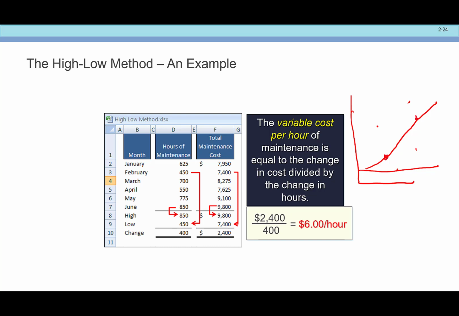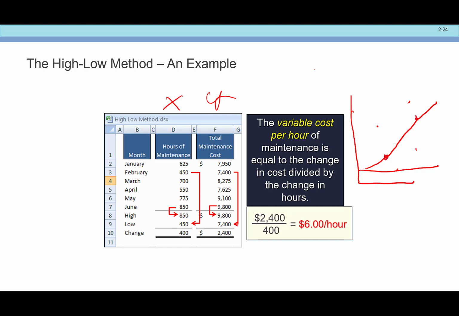We have these various total costs. These are the Y's, aren't they? And then we have these various maintenance hours. These are the X's, aren't they? This is the driver, maintenance hours.